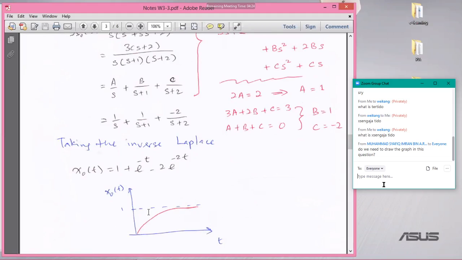What do we mean by transient part? What do we mean by steady state part? In the test, if the question asks you to draw or sketch the output with respect to time, then you need to draw this graph. If not, then just giving this mathematical expression will be sufficient.